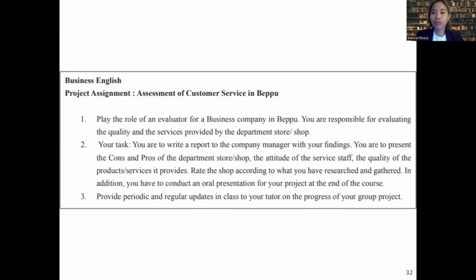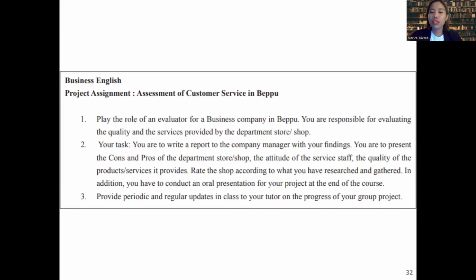Your task is to write a report to the company manager with your findings, and you would present the cons and pros of the department store shop, the attitude of the service staff, the quality of the products, the services that it provides, and then rate the shop according to what you have researched and gathered.